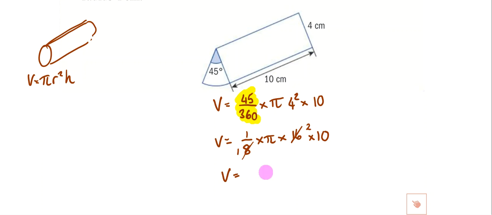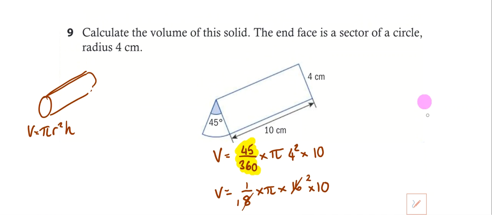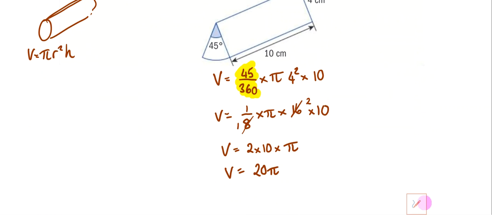So now we've got the volume is 2 times 10 times pi, which is 20 pi. I don't know what it says in the question, it doesn't say anything, so we could leave it there. Or if we were going to turn that into a decimal, it would be 62.8. What are the units? Cubics.